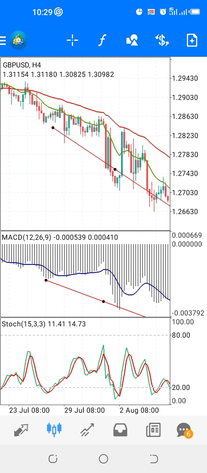But if not, it means price and oscillators are diverging. If this is not the case, it means something is happening and price and oscillators are diverging from each other.